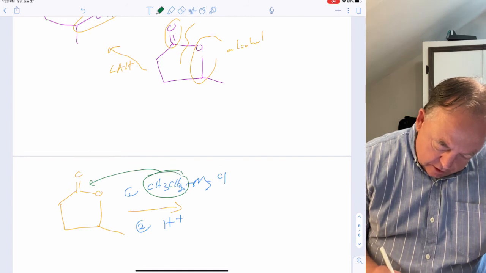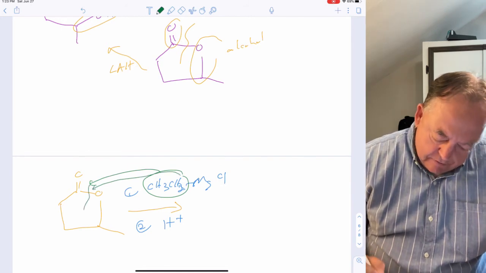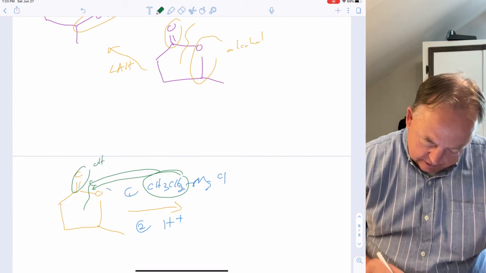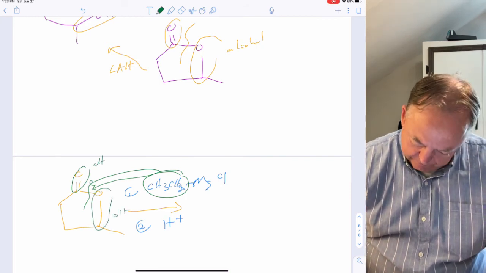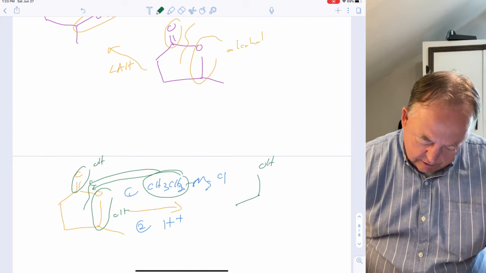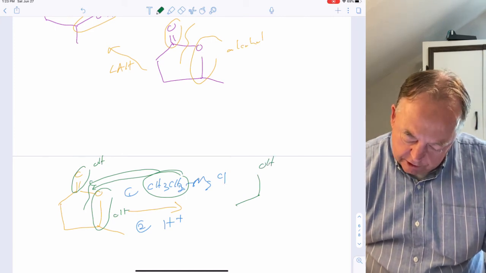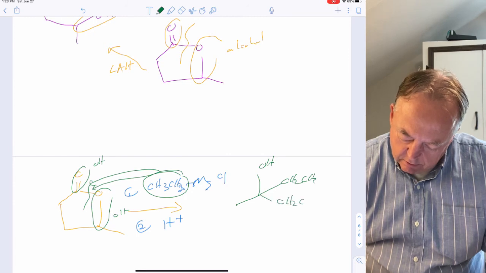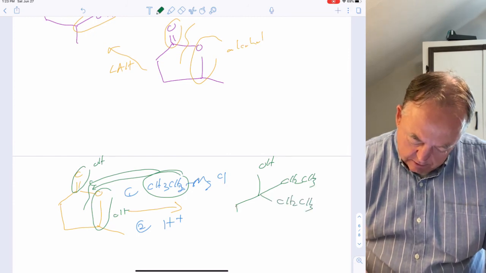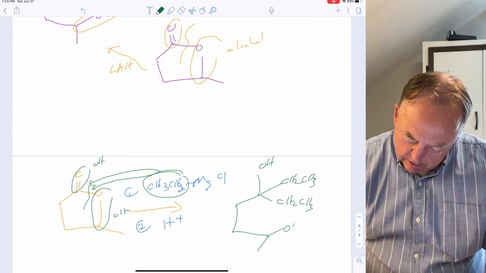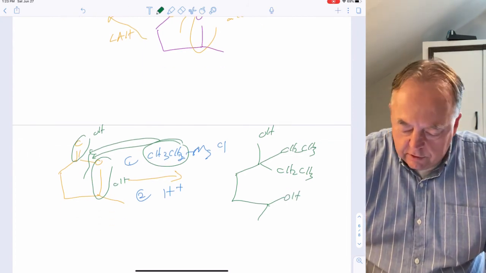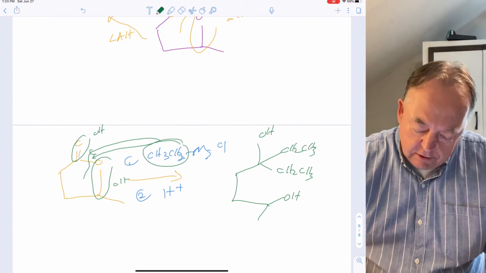So 2 of these are going to go here. You're going to unzip that, and this is going to become an OH, and this is going to become an OH. So that C double bond O becomes an OH. You add 2 Grignard reagents. And the oxygen of the ester OR group becomes an OH, and that would be your final product.